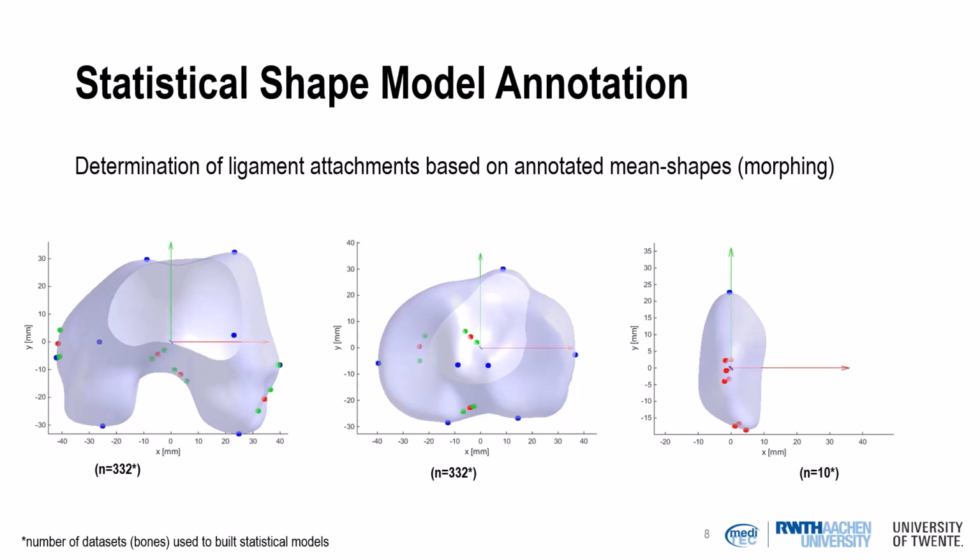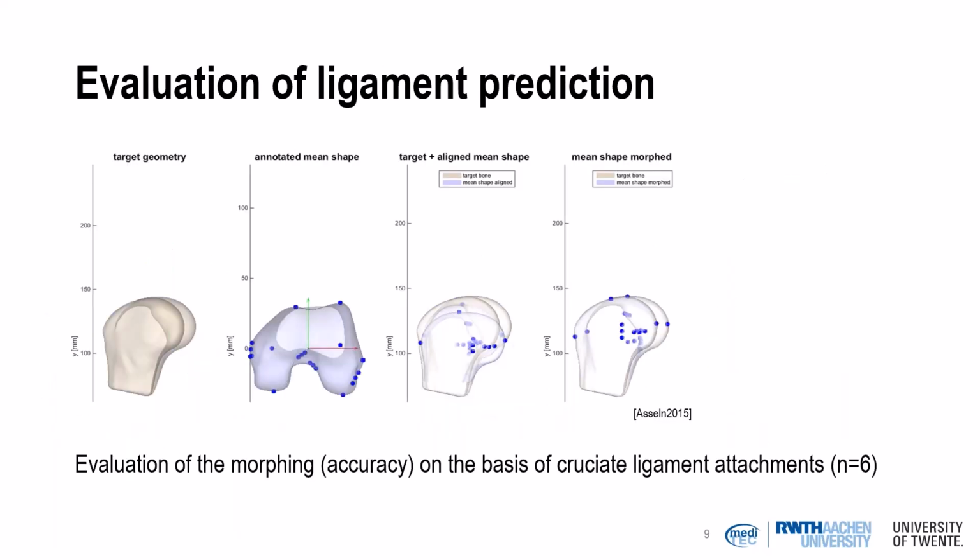So we annotated these statistical shape models with anatomical landmarks, here highlighted in blue, but also with ligament attachments visible in green and in red. And this resulted in annotated mean shapes, which we then later used as a template to propagate these landmarks onto new targets.